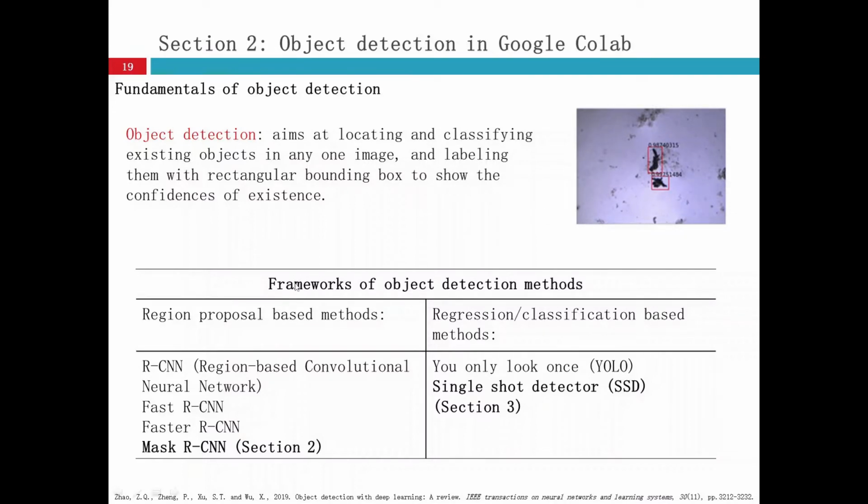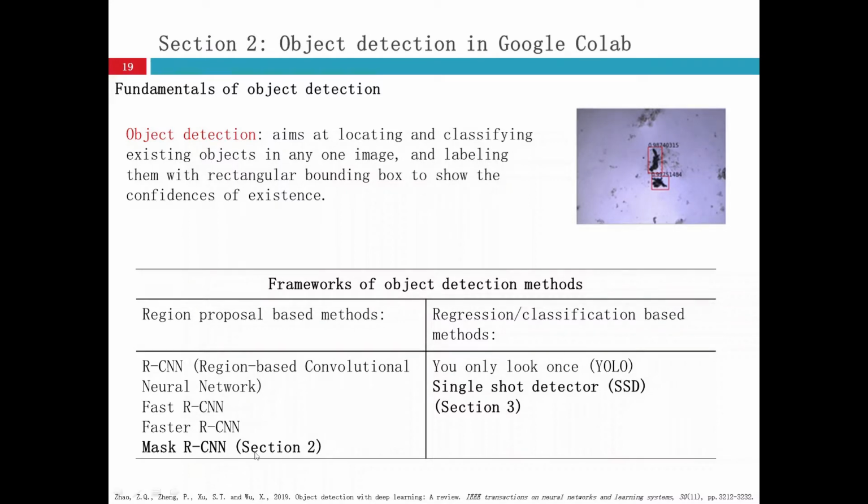The frameworks of object detection can be classified based on the methods. The first method is called region proposal based methods. We have the frameworks of RCNN, region based convolutional neural network, Fast RCNN, Faster RCNN, and finally the Mask RCNN.